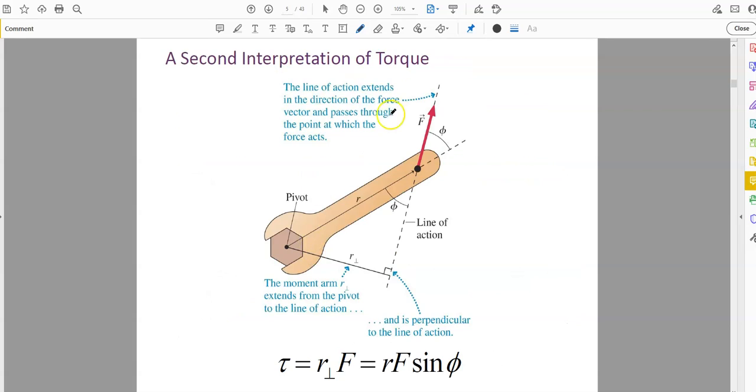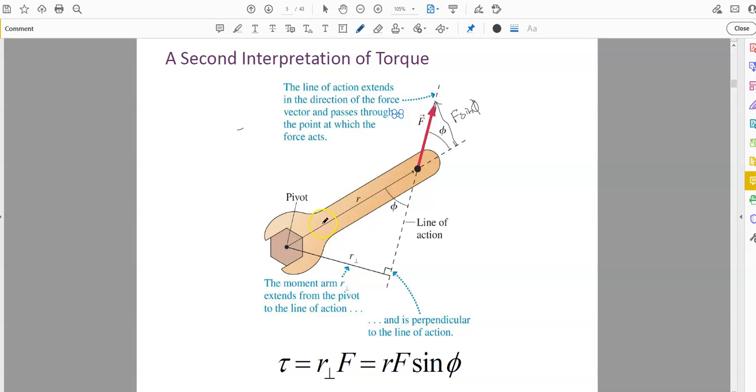If the object is bent like this, you could say that this part from the pivot point right here is going to be F sine of phi. So there are two ways to do this problem.